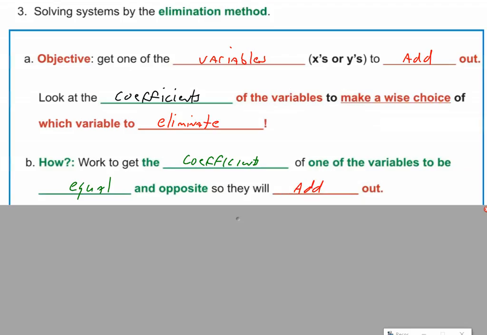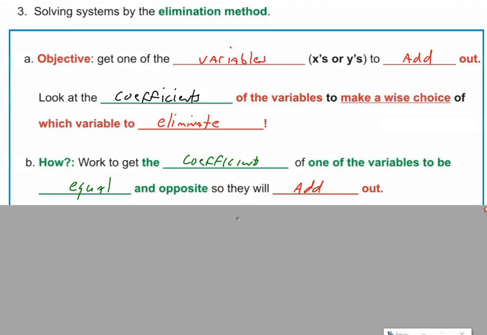Get the coefficients of one of the variables, and I mean the x's or the y's, to be equal and opposite, so they'll add out. That's why some call this method the addition method. This curriculum used to call it the addition method. Now they call it the elimination method, and that's probably a more generally known term.